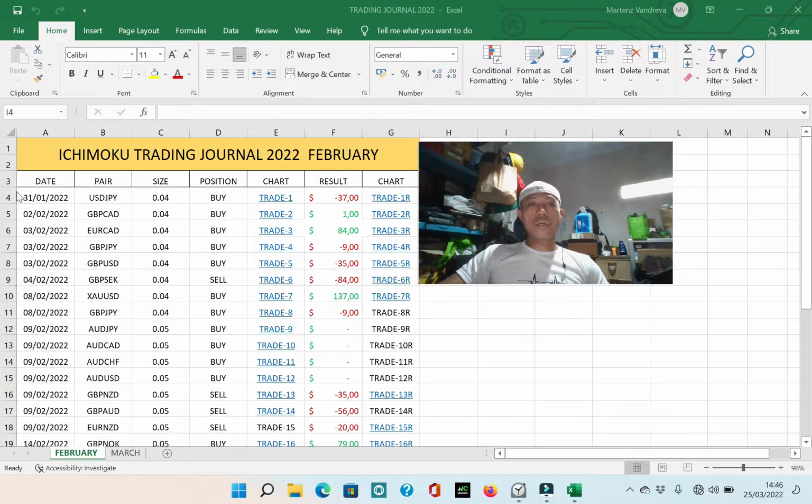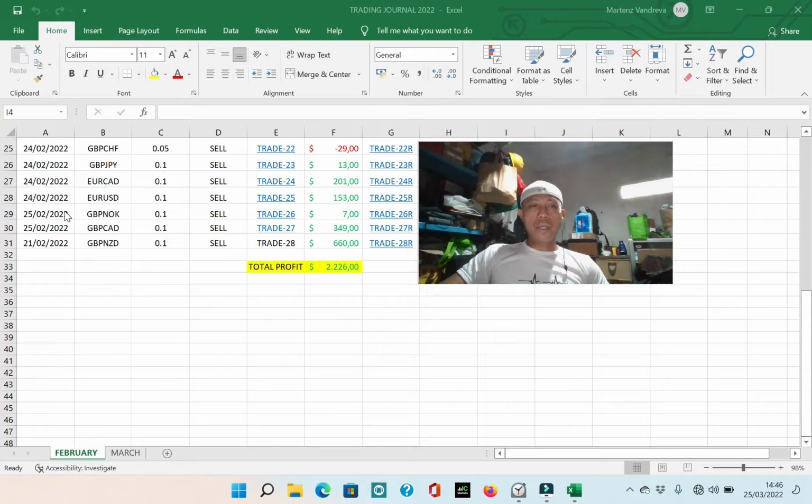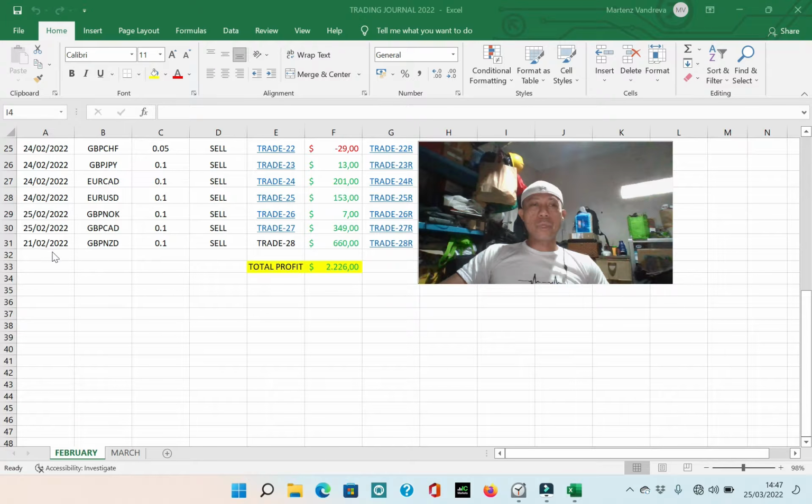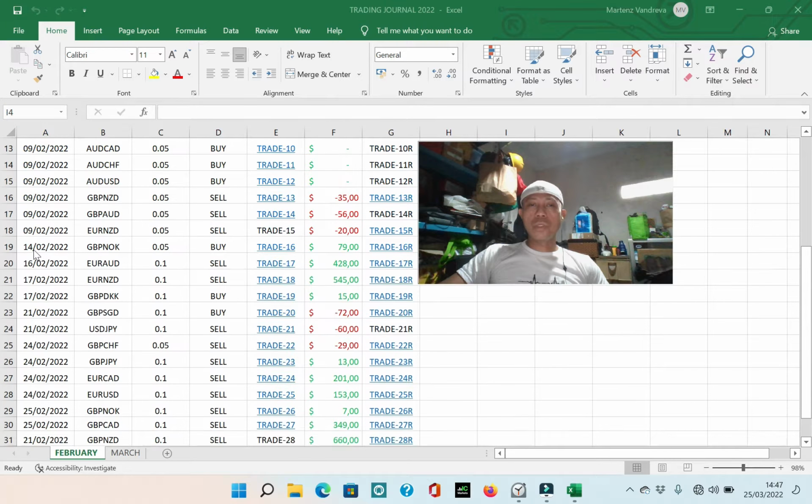It starts from the 31st of January, and the last open trade that I made is the 21st of February 2022.